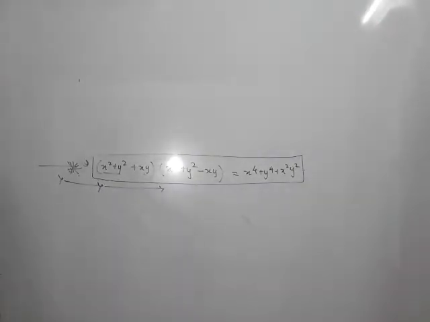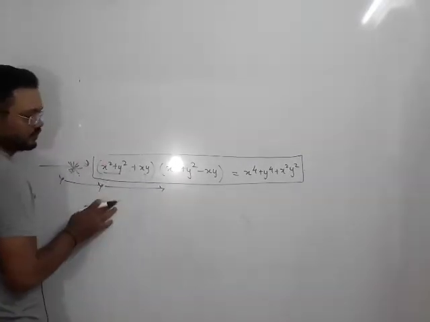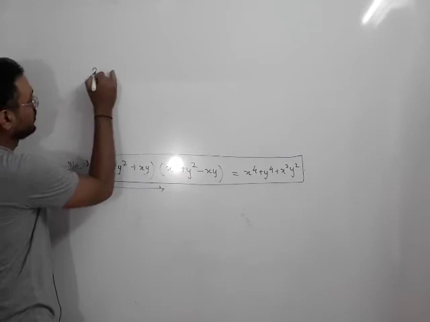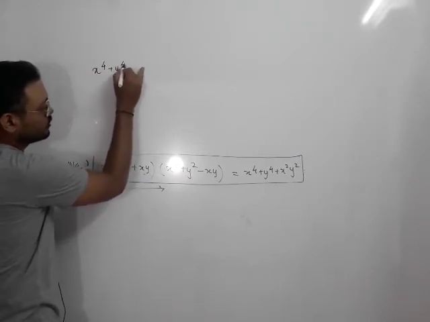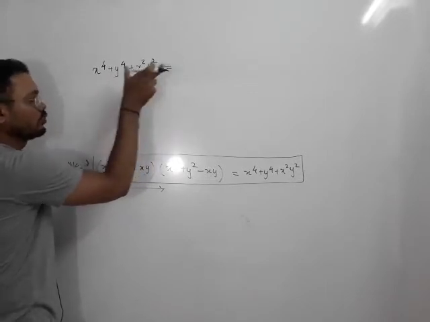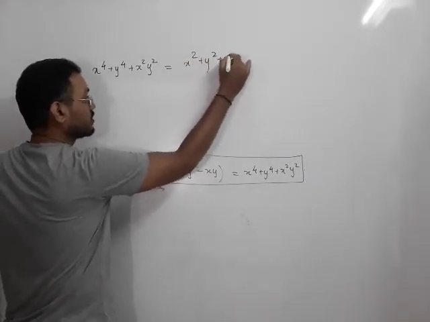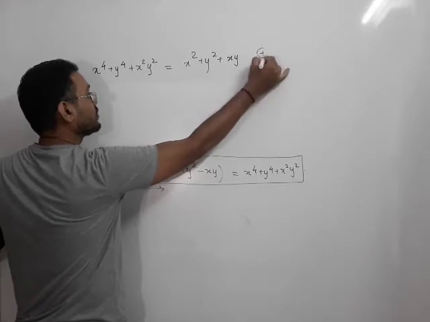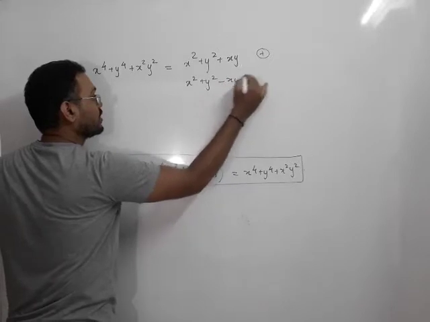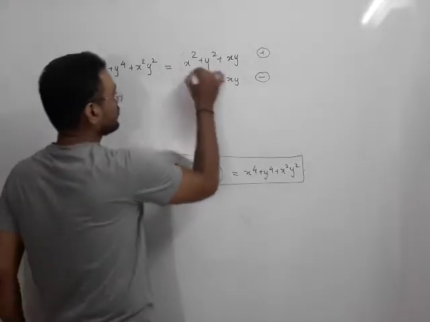Alright, if you look at this equation particularly, I can say that whenever I have x raised to 4 plus y raised to 4 plus x square y square, this is made up of two things. One thing is x square plus y square plus xy, I will call it my positive equation, and the other is x square plus y square minus xy, which is my negative equation. Clear? This is the multiplication of this.